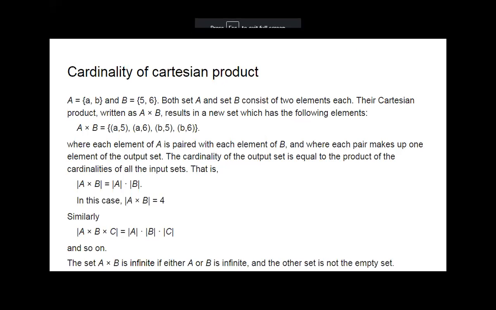All of you have got the concept of cardinality of Cartesian product.